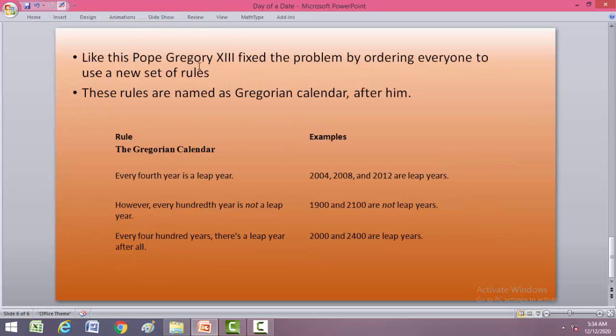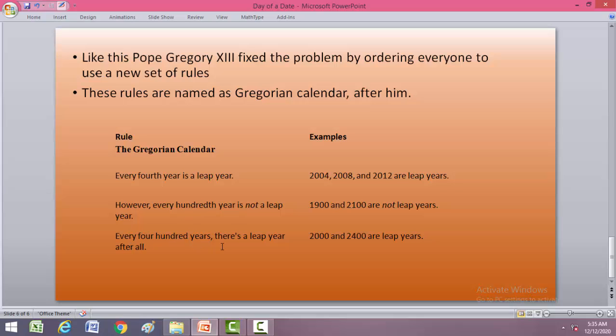Like this, Pope Gregory XIII fixed the problem by ordering everyone to use a new set of rules. These rules are named the Gregorian Calendar after him. That is the only one used by us now. The rules are: every 4th year is a leap year; every 100th year is not a leap year, because in every 100 years we are approximately 1 day behind the real time, so every 100th year is not given the February 29.